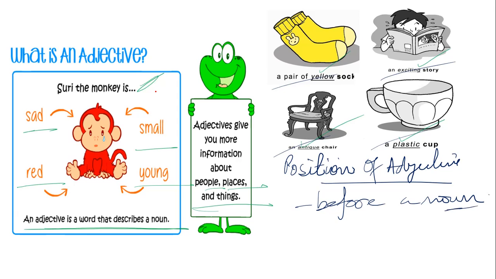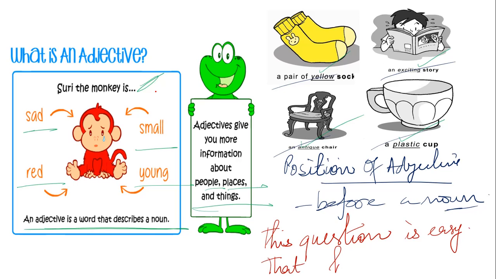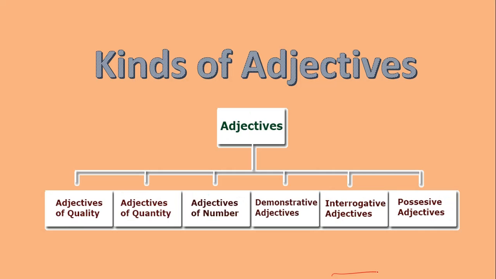But sometimes an adjective may be placed after the noun as well. Like in this sentence, this question is easy, or that house is new. So here we are using adjectives after the noun.